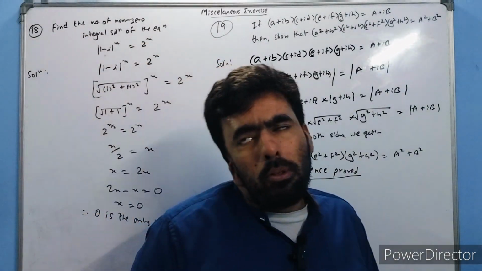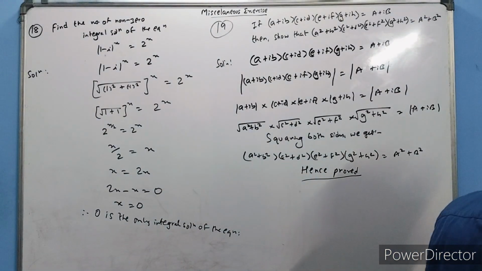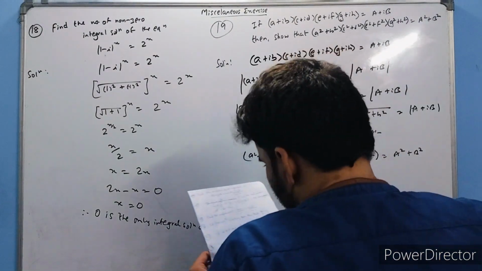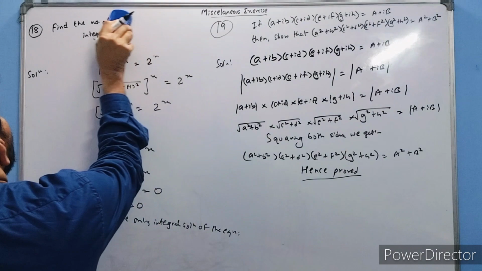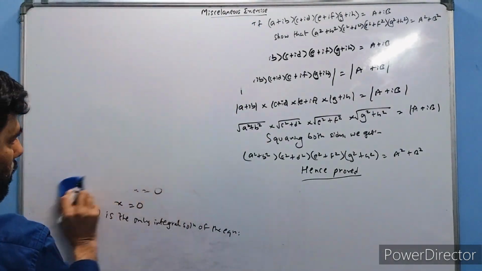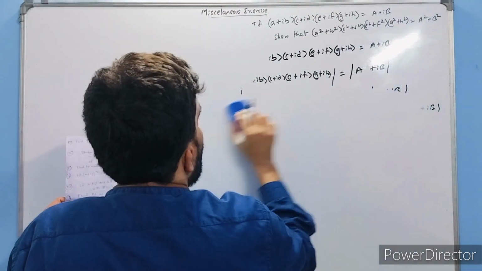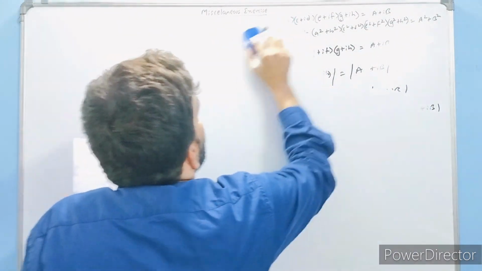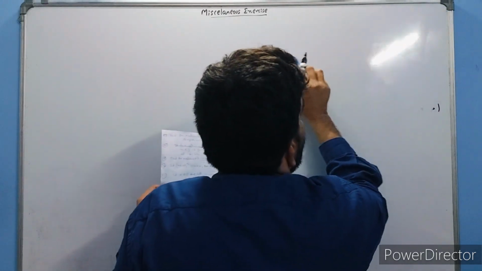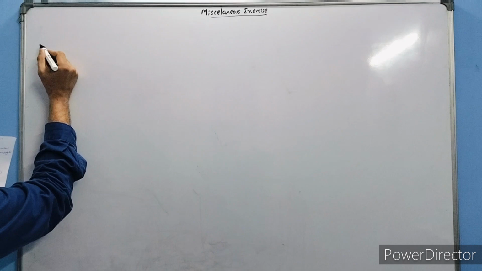Okay, so we have one more question in this exercise. Let us see what they have given. Very easy question. Now they have given the last question of this miscellaneous exercise. So let us see how we are able to solve this. That is the 20th question I have.